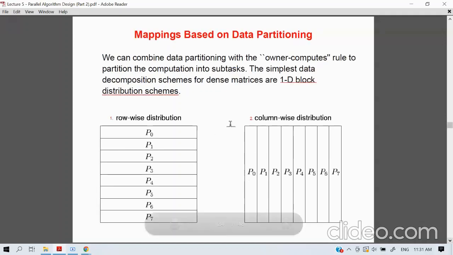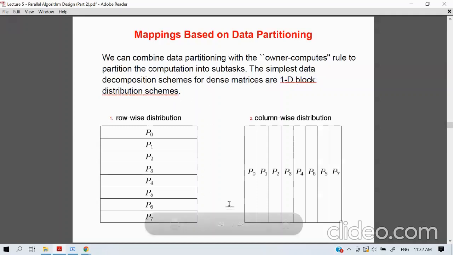This one is mapping the task based on data partitioning. It combines data partitioning with the owner computes rule. If you still remember, we have the owner computes rule strategy in data partitioning. So it uses these two in combination to do the mapping into subtasks. In the example, the simplest data decomposition scheme for a dense matrix is the 1D block distribution scheme.